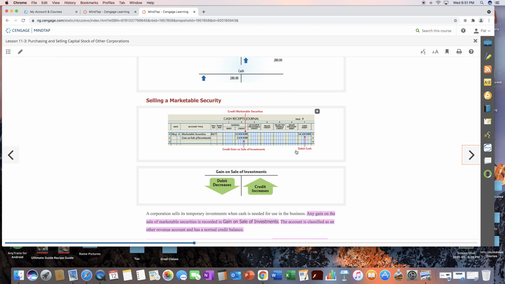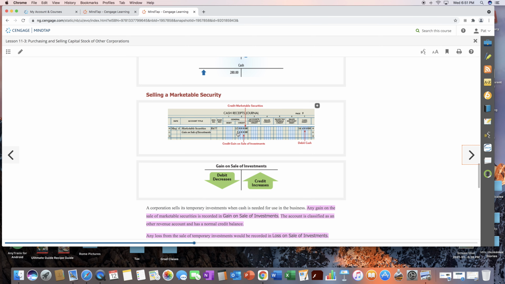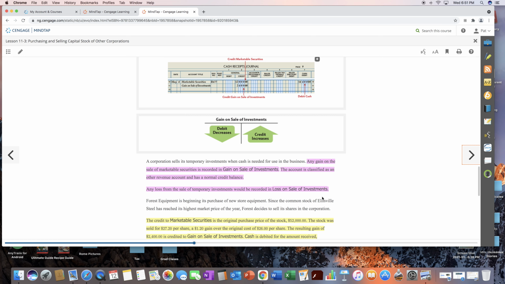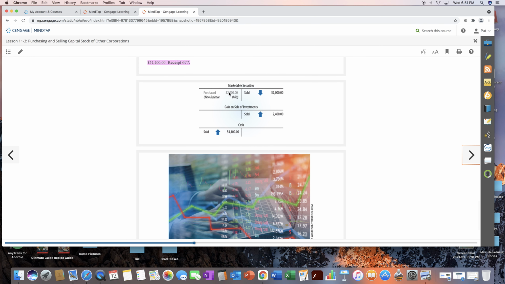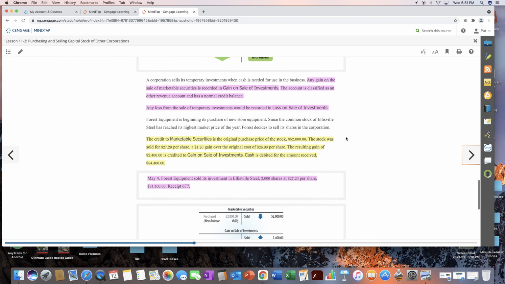If the cash amount was lower than the original amount that we invested, this would say loss on sale of investments, and we would debit it. So that debits equal credits. You can see how the new balance for marketable securities is at even. We got the gain, so that's a good thing.